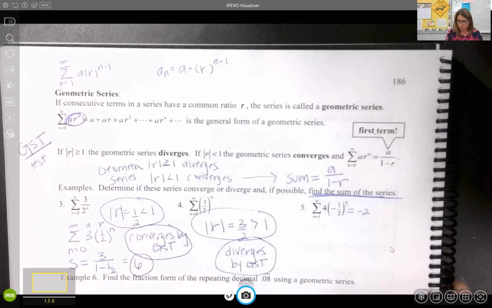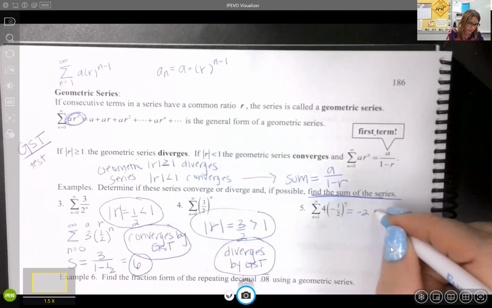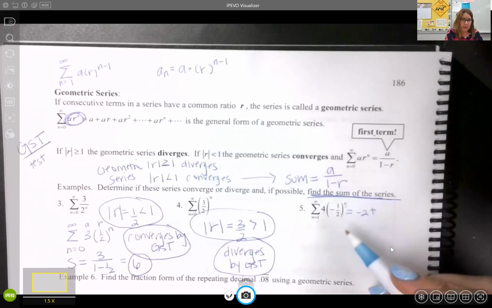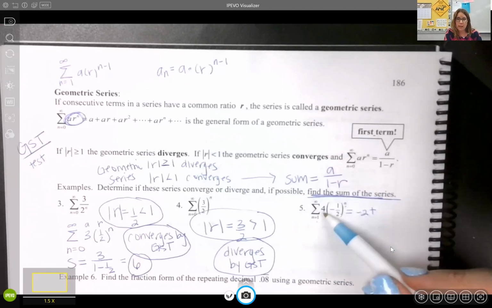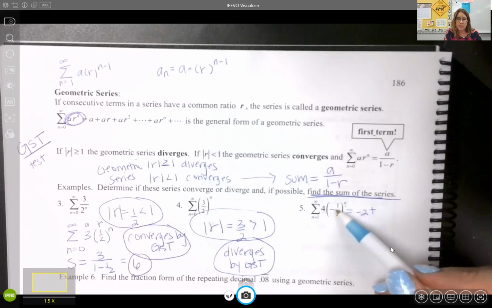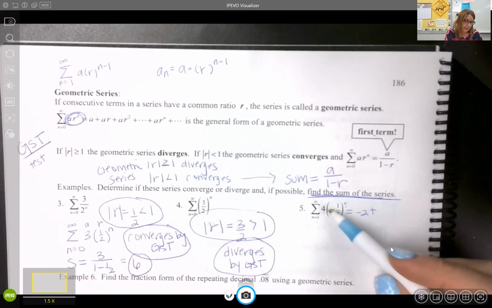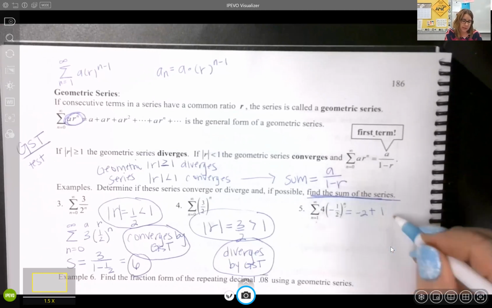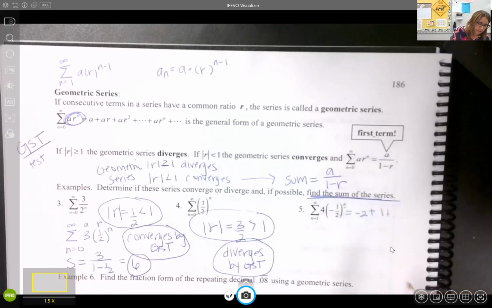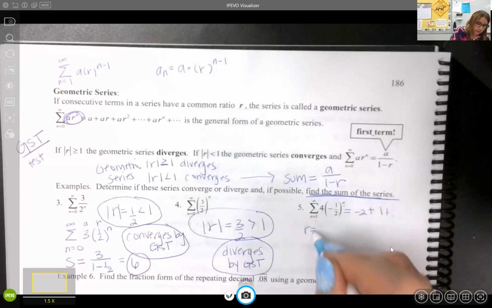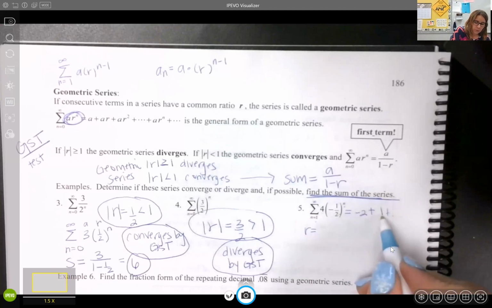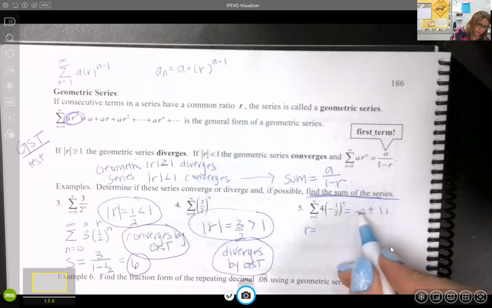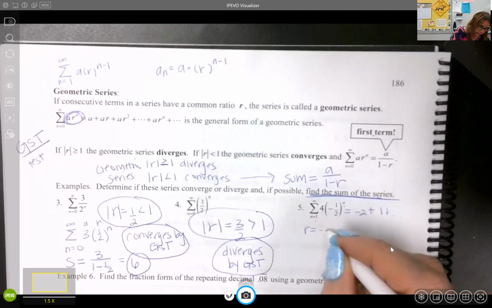Okay, and then if I did it again, if I plugged a 2 in, then I would have 4 times negative 1/2 squared, which is 1/4, times 4 is 1. Okay, I just need those two because all I need to figure out is what is r. Okay, so r equals 1 divided by negative 2, so negative 1/2.